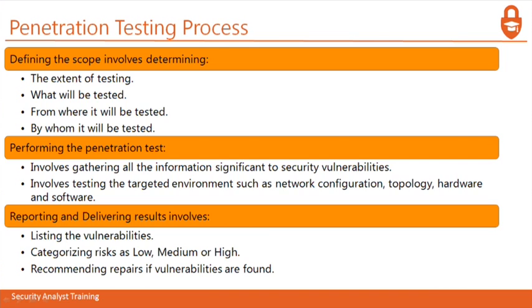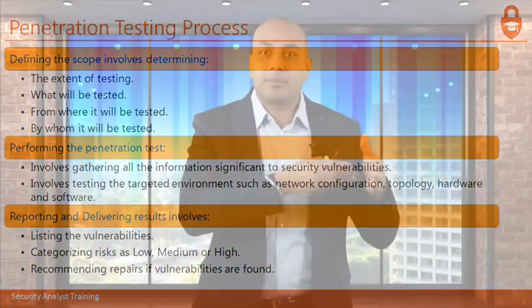The next part of the penetration testing process is performing the actual penetration test. Each company ensures that the processes they are implementing, or want to implement, for a penetration test are appropriate. These involve a few things.